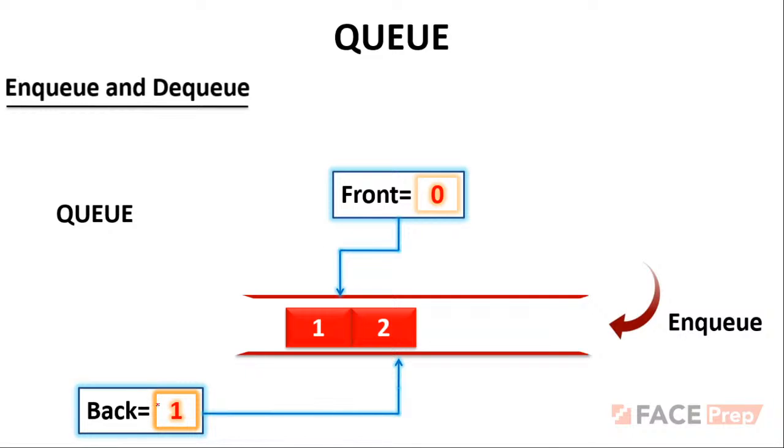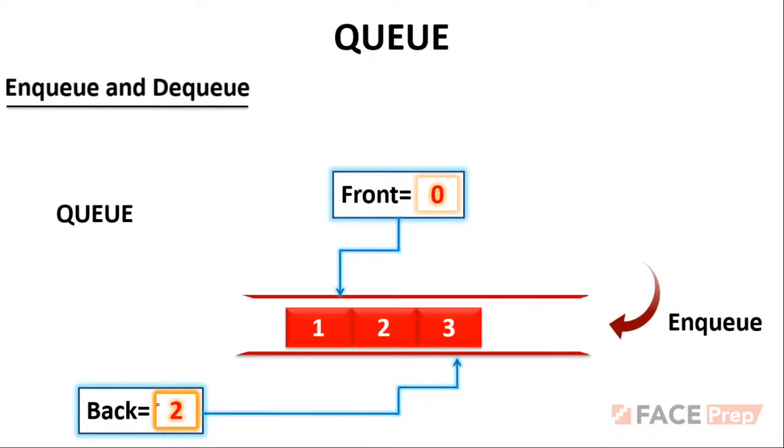Now let me insert my third element in my queue. The value of back is incremented by 1, which becomes 2. So I have inserted my elements inside my queue.